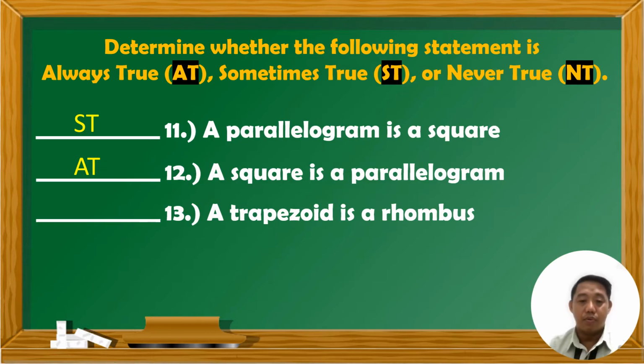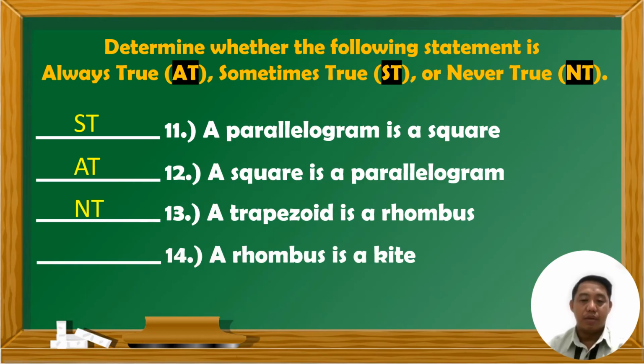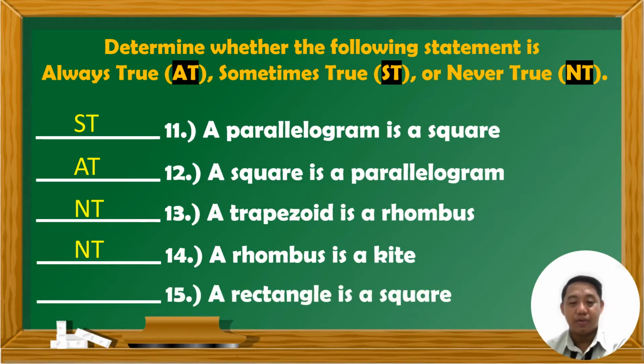Trapezoid is a rhombus. Answer nyo? If your answer is never, that's correct. Okay? 14, rhombus is a kite. If your answer is always, that's wrong. Your answer should be never. Wala silang connection. Okay, a rectangle is a square.